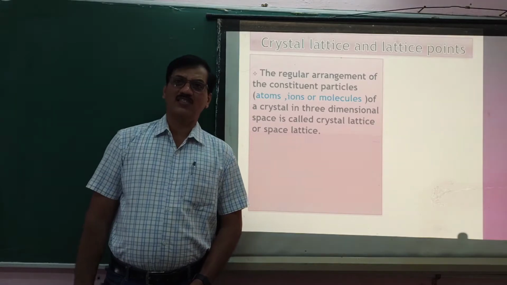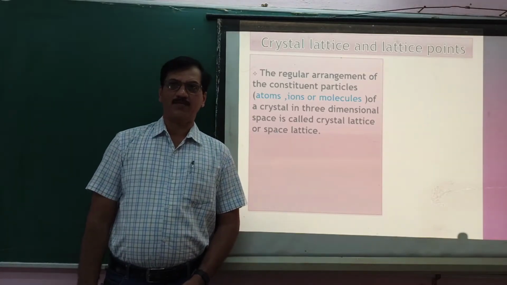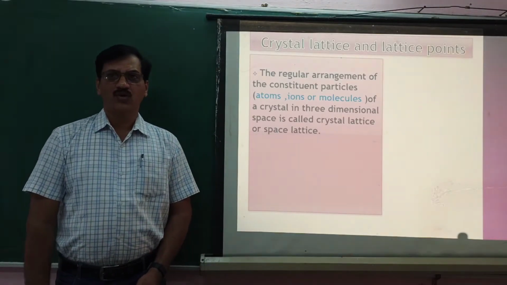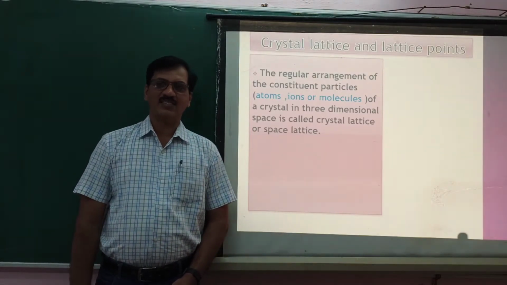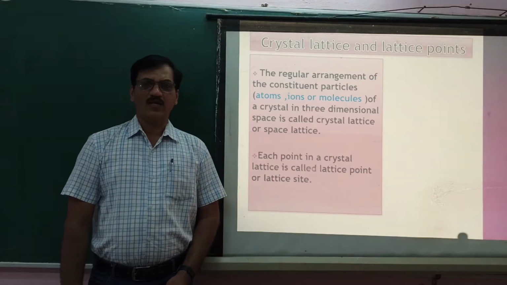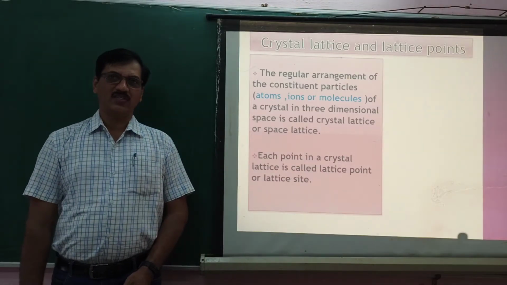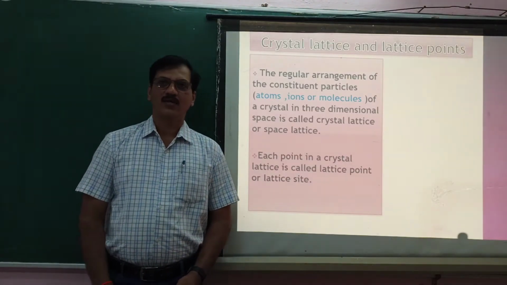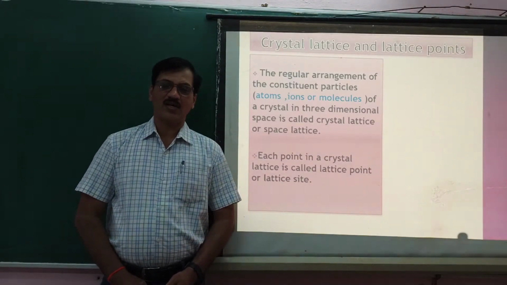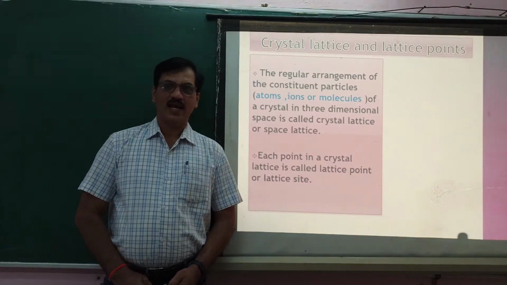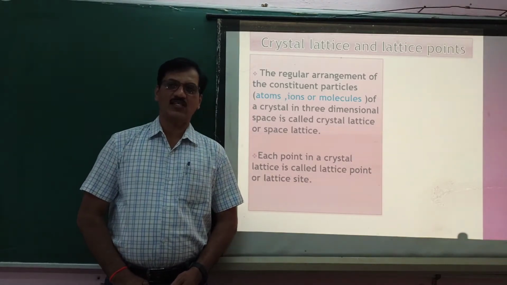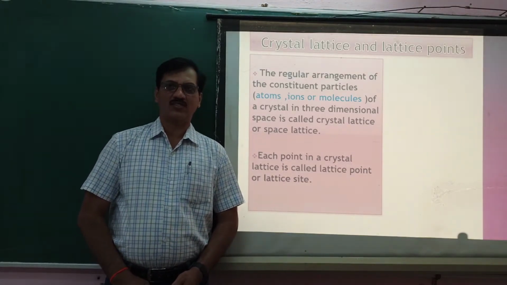Now in all these crystalline solids, there is a perfect arrangement. Let us see the regular arrangement of particles in a crystal. This regular arrangement of particles in space is called crystal lattice, and each point in the crystal lattice is called a crystal site or crystal point.